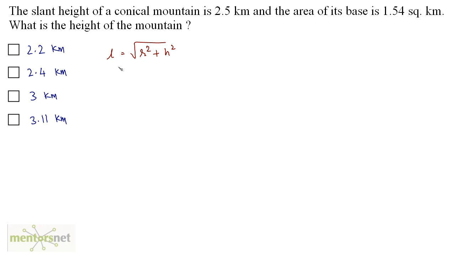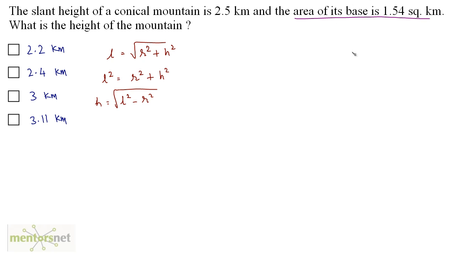So I can write L square is equal to R square plus H square. I can also write H is equal to L square minus R square taken under root. Well, we have the value of L, that is the slant height of the conical mountain, but we don't have the value of R. Now let us calculate the value of R square from this data.